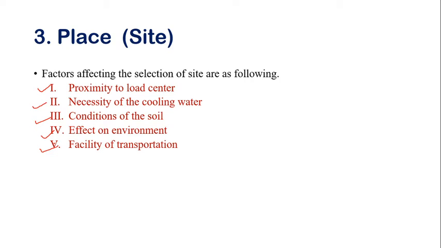Effect of environment, that is the fourth one. So the atmosphere should not be polluted by the operation of that plant. So the power station should be located away from the populated areas. There is no direct question of pollution in hydropower station, but due to the construction of the dam, large area of land is submerged, and this causes the ecological unbalance.